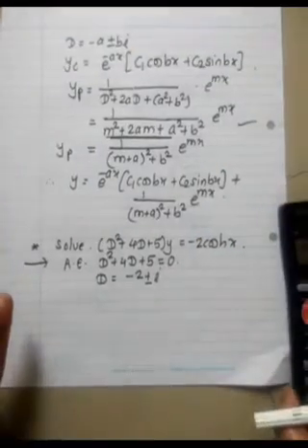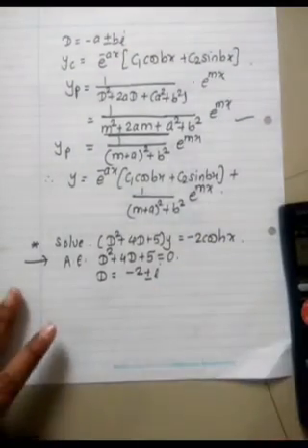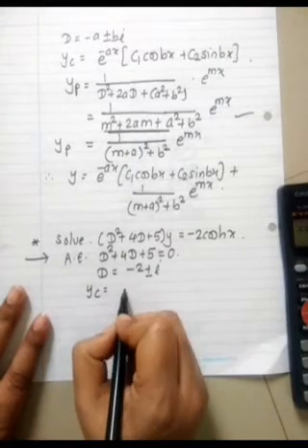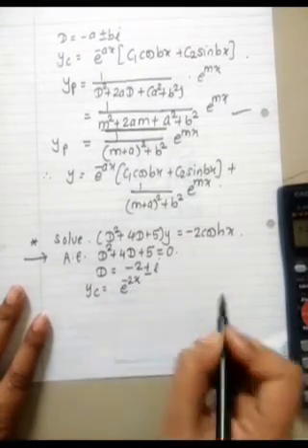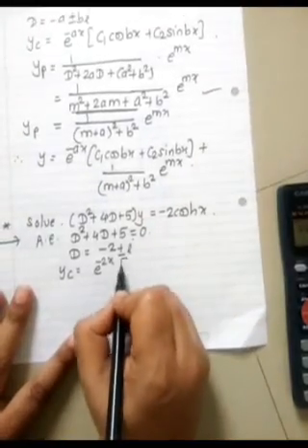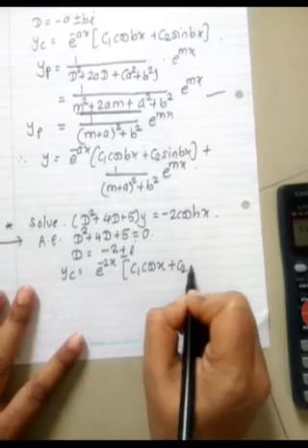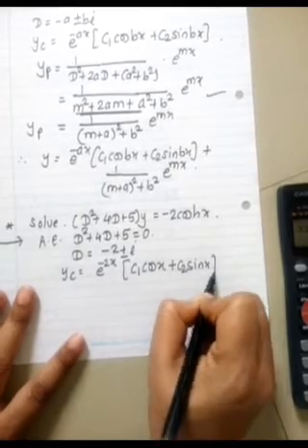So your roots are minus 2 plus minus i. So yc is e raised to minus 2x into (c1 cos x plus c2 sin x).